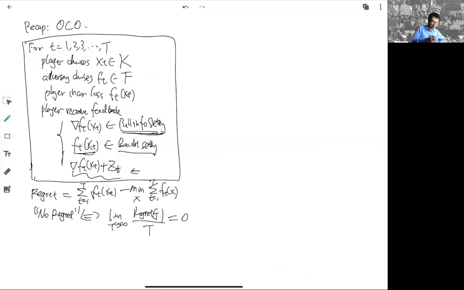Another way of talking about the regret, since this x is a minimizer, is that we can also define the regret against some fixed comparator u. So you basically say I'm comparing against any u, and this regret is parameterized by u itself.